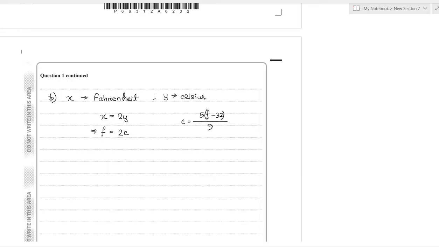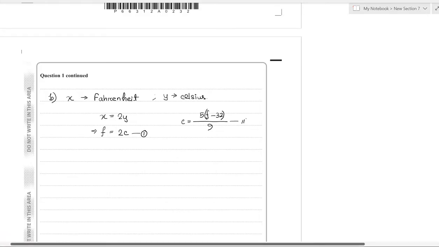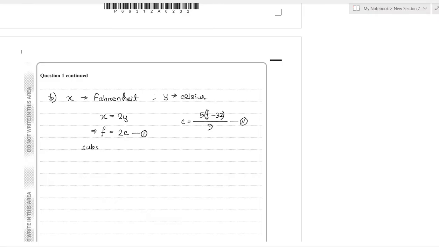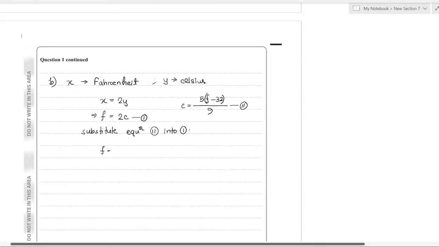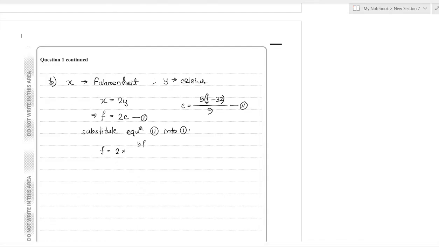So now you can just put that value of C into this equation. Let me label this as equation 1 and this as equation 2. So we are going to substitute equation 2 into equation 1, and now you will have F equals twice into the value for C, which was 5F minus 5 into 32, that is 160, over 9.